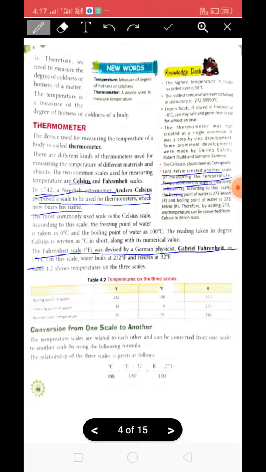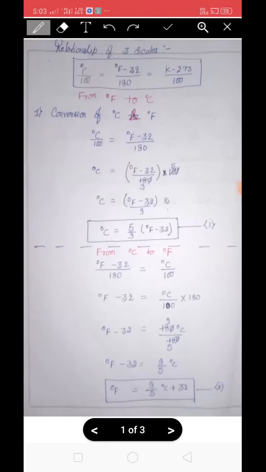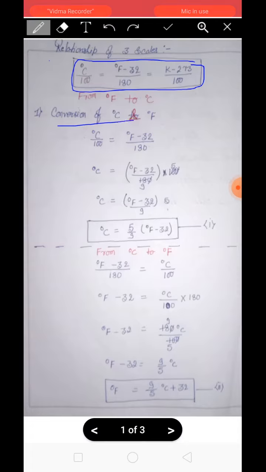About interconversion. For interconversion, you will use this formula. The interconversion between the scales can be done with the help of this formula, that is degree centigrade by 100 is equal to degree Fahrenheit minus 32 by 180 is equal to K minus 273 by 100. First we are establishing the conversion between degree centigrade and Fahrenheit. So here we are converting degree Fahrenheit to degree centigrade first.